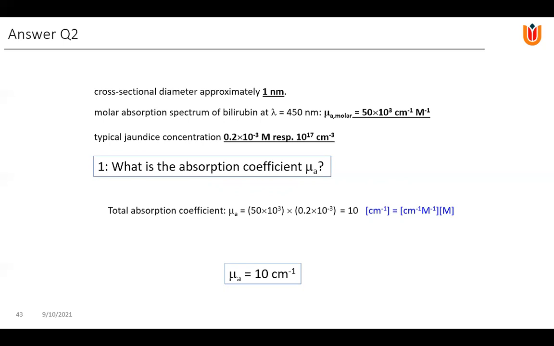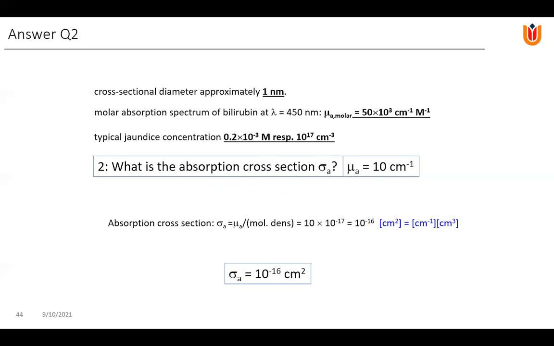Once we know that, and we know the molecular density in the other unit that was also given, then we can calculate the absorption cross section, and that's pretty small. It's on the order of 10 to the power minus 16 square centimeter. That's really small. And we knew that the diameter of the molecule was on the order of 1 nanometer.